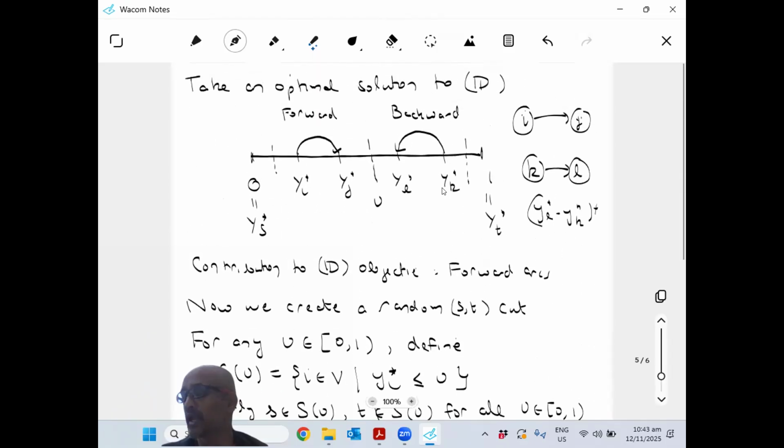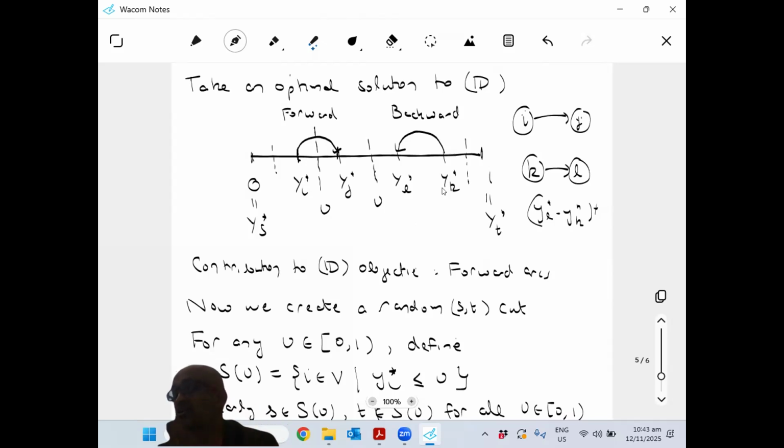The probability is simply this. For the link ij to be part of the ST cut, the value u has to lie between these two points. If u lies on this side, both nodes i and j are on one side of the cut. If u lies on this side, both are on the other side of the cut. And if the arc kl goes this way, it can never be part of the cut.